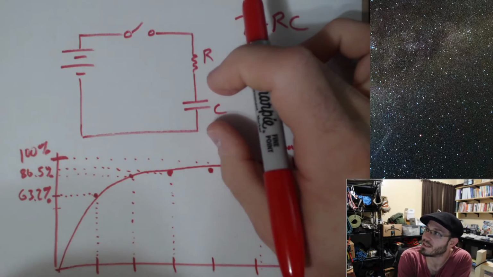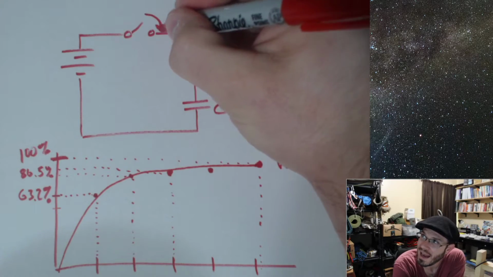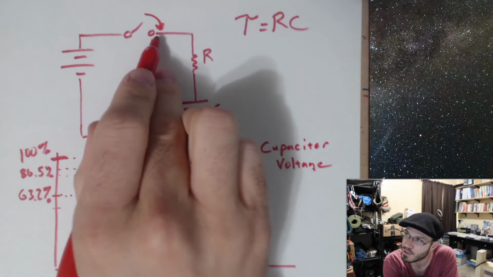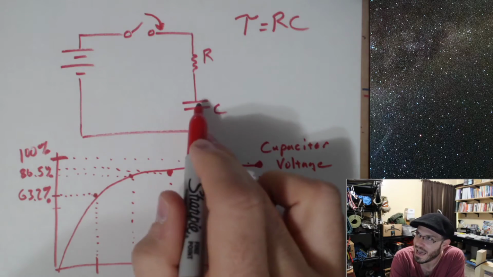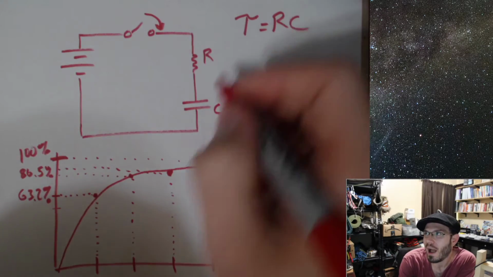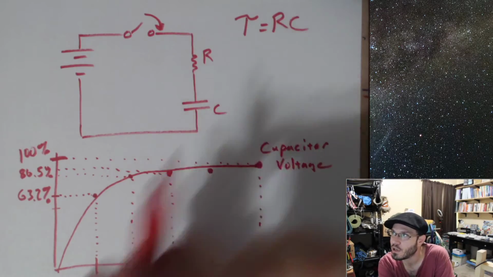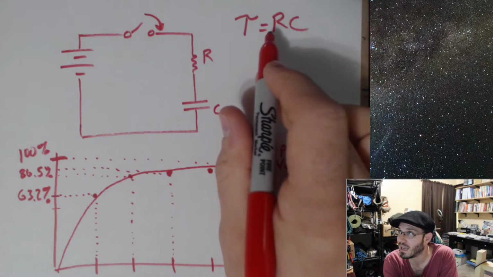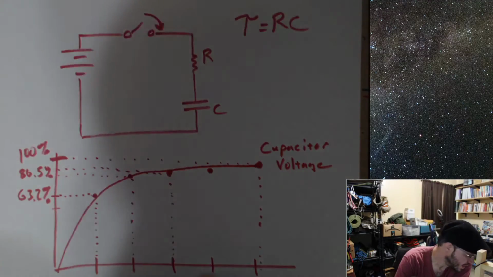Hence, we will have 0 volts across this cap. But once we go ahead and throw the switch and close it, we're going to start developing charge on this cap, and so the voltage is going to slowly rise. So how do we figure out how long that's going to take? We can use the time constant RC in order to tell us that.